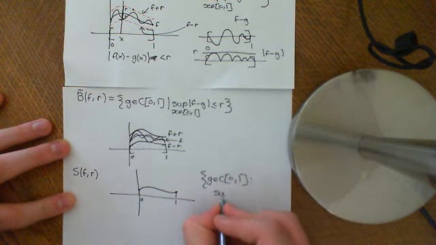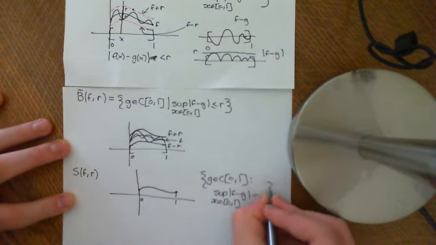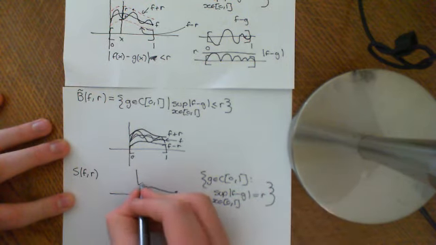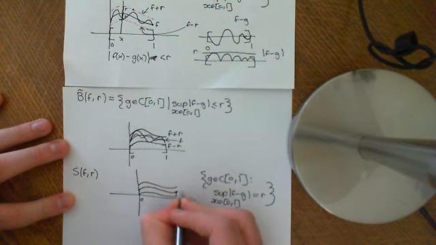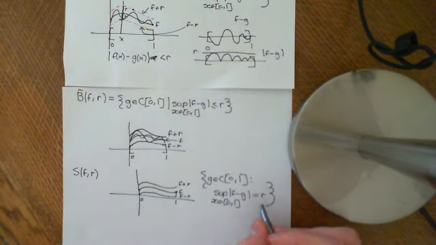So the supremum of the modulus of f minus g over x as an element of 0, 1 is actually equal to r. Now, if we draw the ribbon again, so like here, this function here in the middle is f, this upper function is f plus r, this is the function f minus r. We want the maximum value of the modulus of f minus g to actually be equal to r.